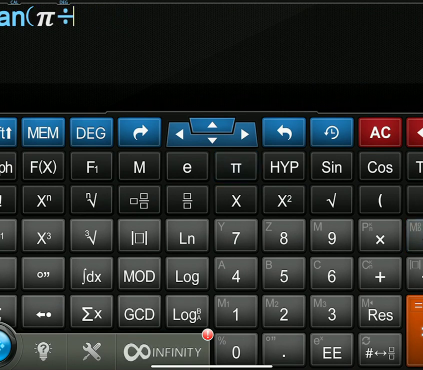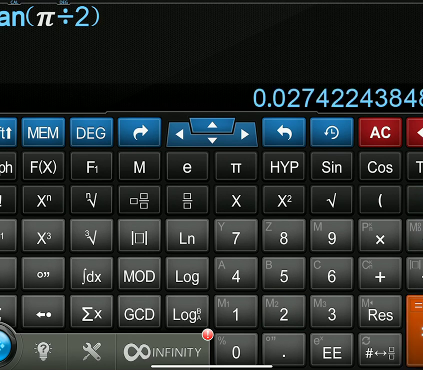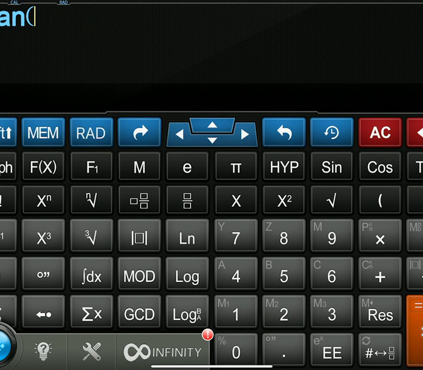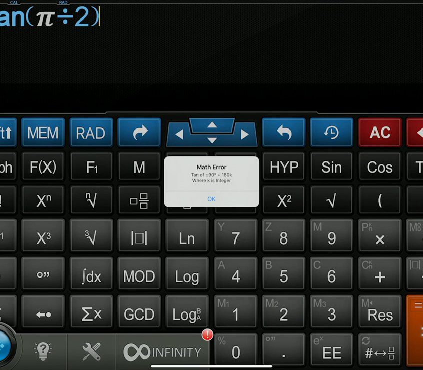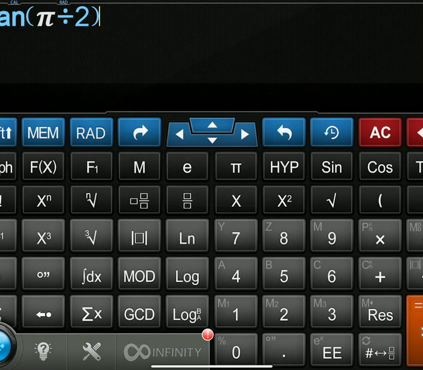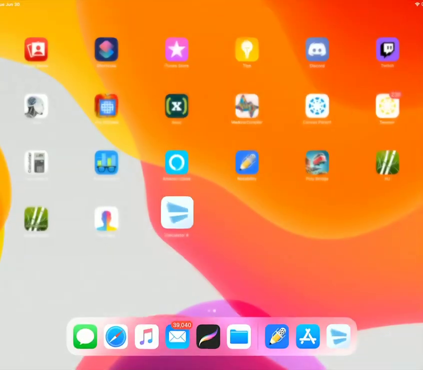Pi over 2, parentheses, enter. I'm in degree mode from yesterday. Try again, radian mode. Very important: make sure you are in radian mode on your calculator for all of these. So tangent pi over 2. Math error. Okay, that's not defined. Tangent pi over 2 is not defined.